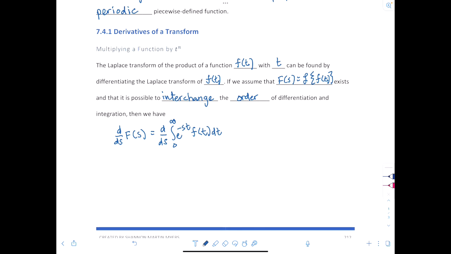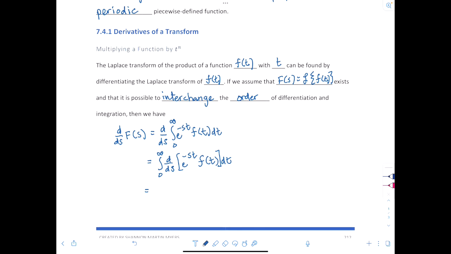Now, bringing that derivative inside, we'll get the integral from 0 to infinity of the derivative with respect to s of e to the negative st times f of t dt.